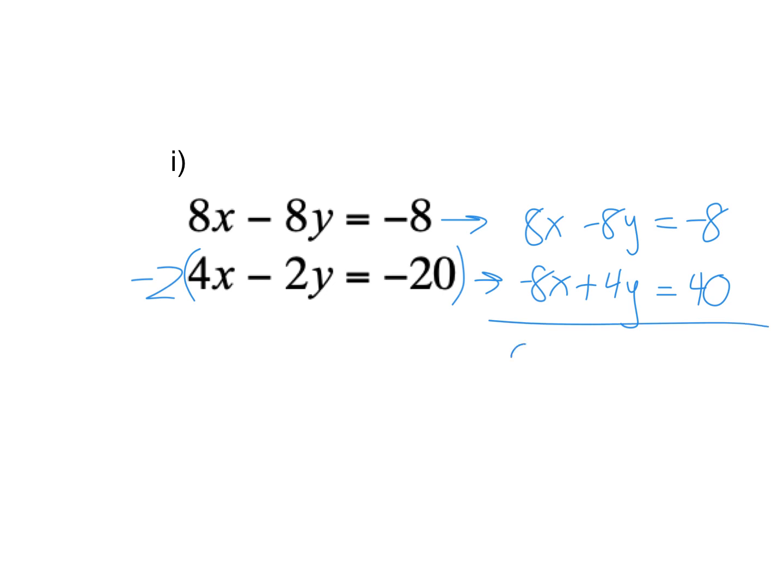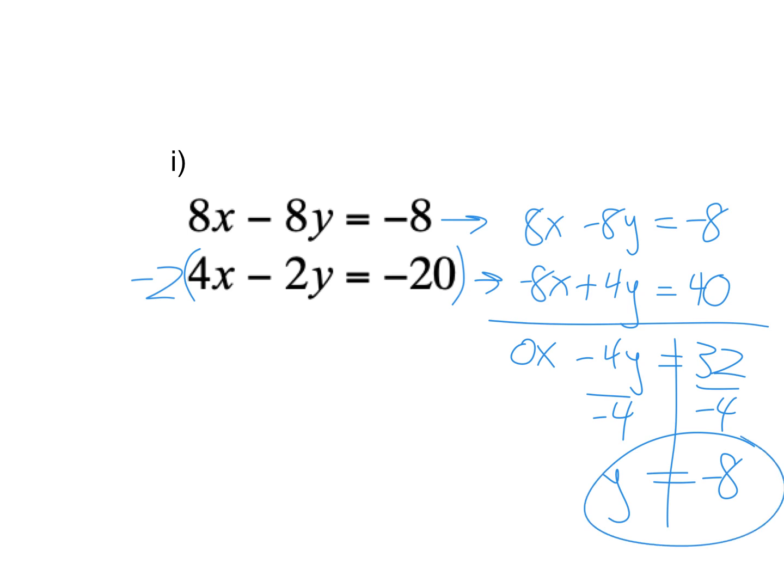Adding these, I get 0x minus 4y equals 32. If I divide both sides of this equation by negative 4, I get y equals negative 8. Remember that 0x just disappears because it multiplies to 0. So y equals negative 8.